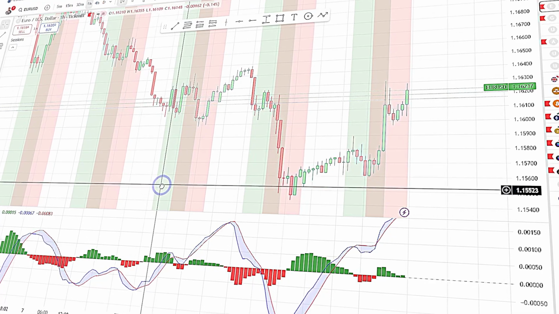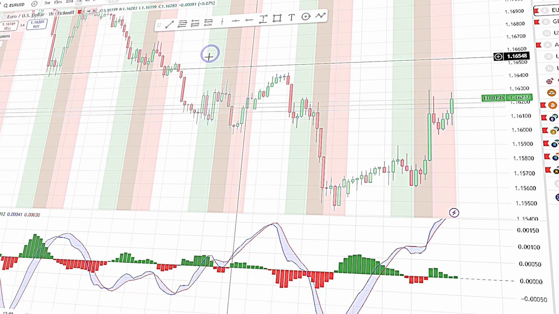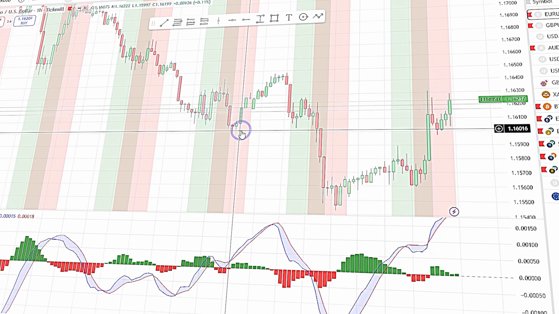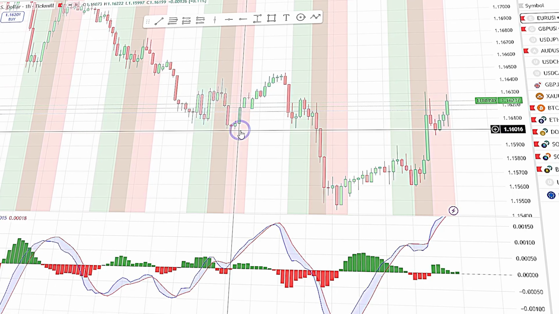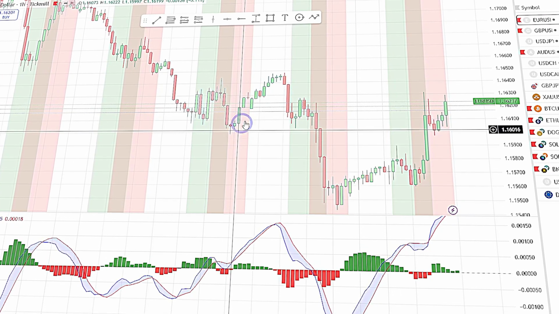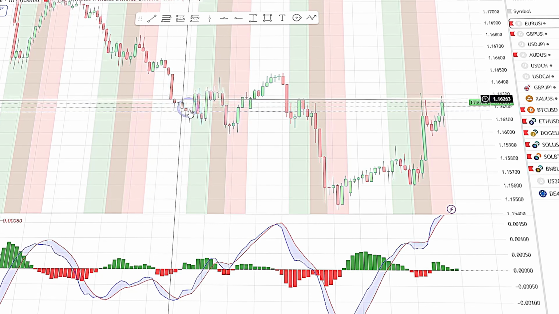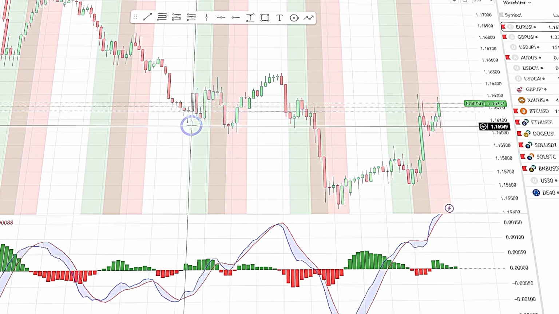Now, if we come back here, I'll give you one more example for you to understand. In a day where we have consolidation, the market is moving sideways, just like I said, you won't be making money with this 100%, because sometimes you will be facing a losing trade, and that's it. So look at what happened here. For me, the market is moving sideways. From the beginning, you're going to see on the London session, something happened right there.